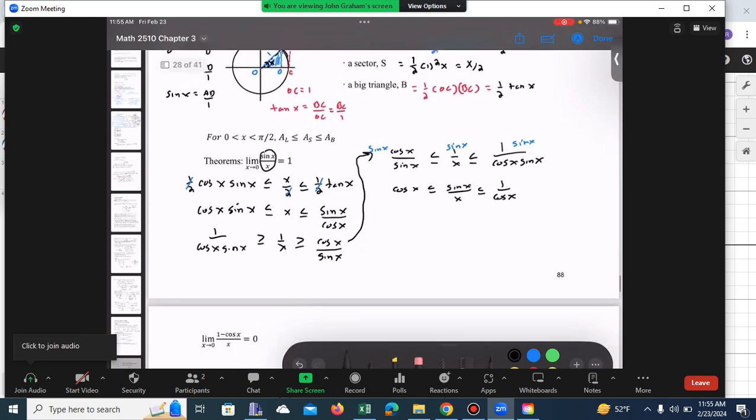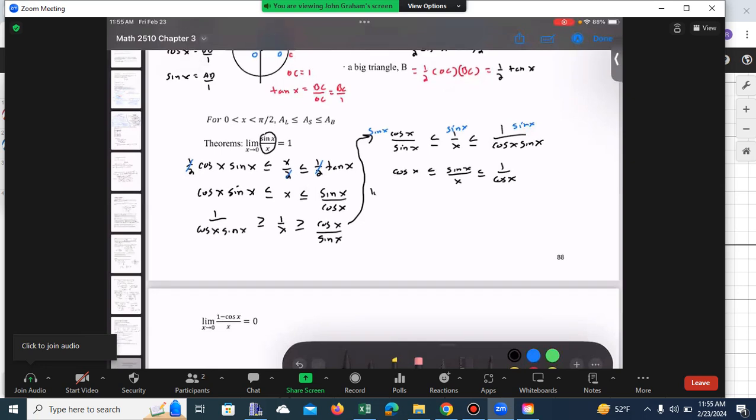Right, so now we're going to take the limit as x goes to 0 of each of these. Except for the middle, we'll leave it as the limit as x goes to 0 of sine x over x.